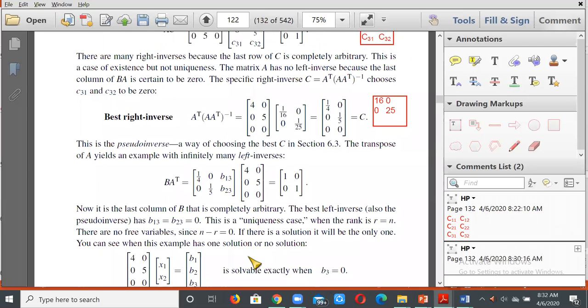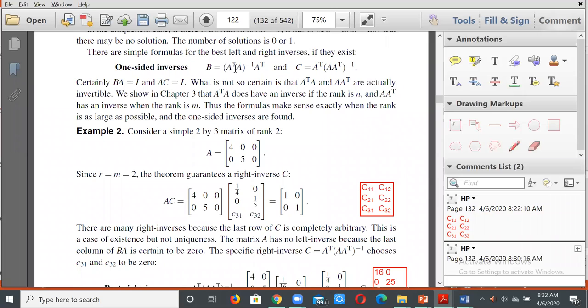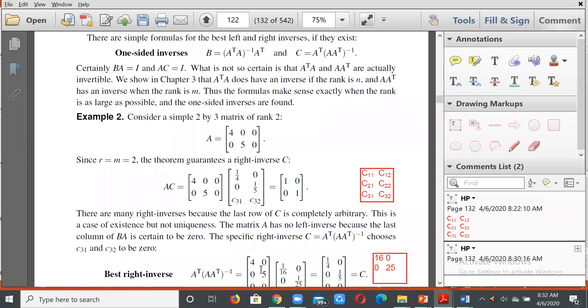That can also be found by the formula which we have considered here, as A transpose into the inverse of A A transpose, multiplied by A transpose. A transpose we know, which is the transpose of this, written here. And A we know over here, and the inverse of that you already found as this quantity, which is to be multiplied by A transpose, just interchanging these two.